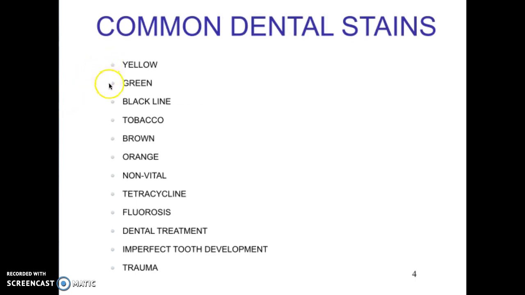We have yellow stain, green, black line, tobacco, which can also be brown stain, coffee stains or brown stains, orange stain, non-vital staining from non-vital teeth, tetracycline stain, fluorosis, dental treatment, imperfect tooth development, and we also have stains that we see from trauma.